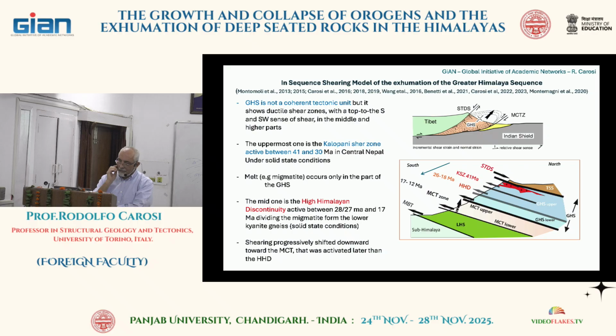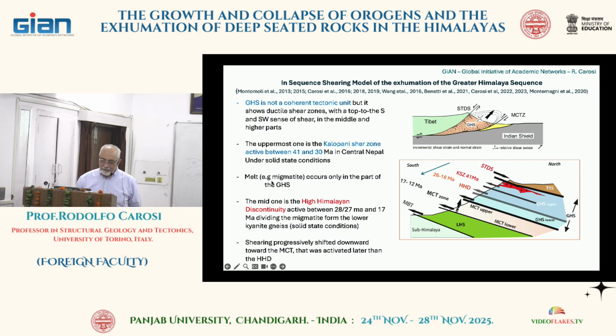And another shear zone that we found within the Great Himalayan sequence is in central Nepal, the so-called Kalopani shear zone in Kaligandaki. Kalopani means black water in Nepali. In this small village, in a very high part of the Great Himalayan sequence, we found a beautiful shear zone just along the road, but also away from the road, that was active between 41 and 30 million years under solid state conditions with no melts inside.